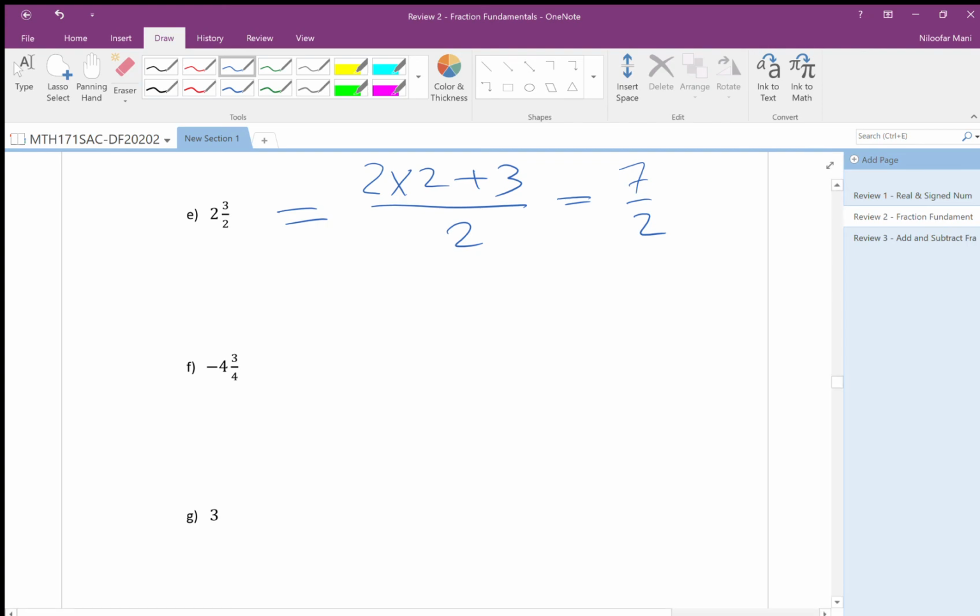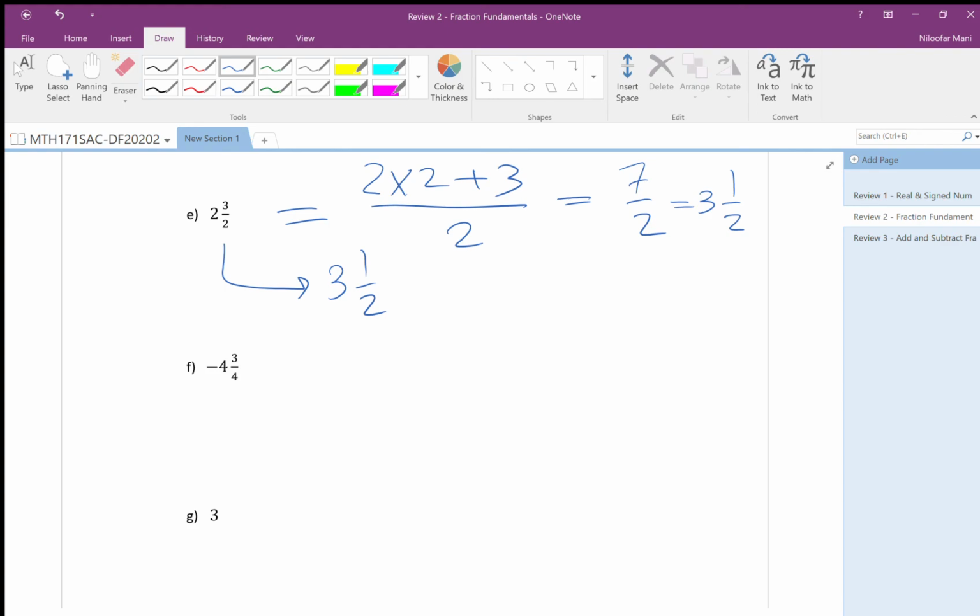Here, something is wrong because 3 over 2 is still improper; I can continue to pull out more 2s. How many 2s do I have in 3? I have 1 more. So this one has to be 3 1 over 2. But we didn't write it in the proper way. But it doesn't matter. This is still a mixed fraction.